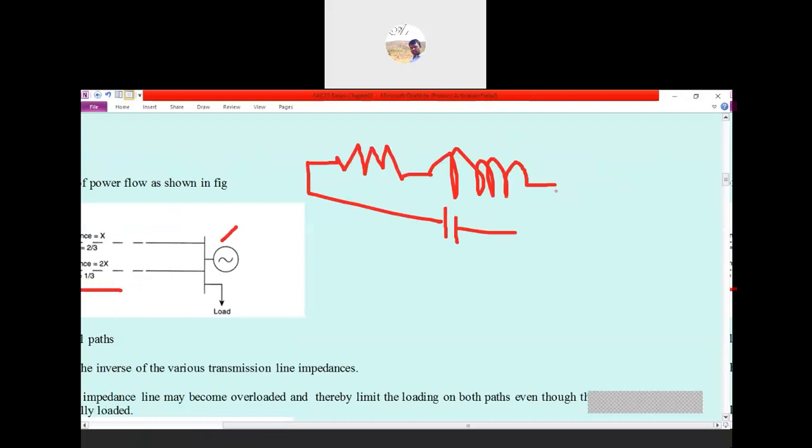So if we take an example of one simple line, suppose you have one line with a resistor and inductor.